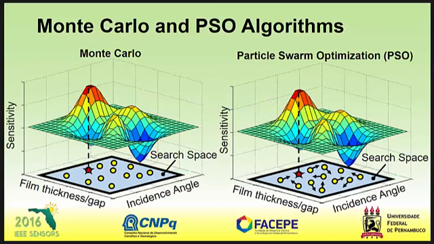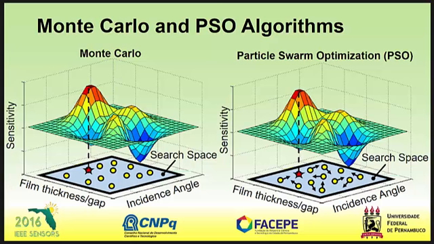So, in order to address those challenges, we have used two heuristic optimization algorithms. We selected the Monte Carlo and the particle swarm optimization methods for the design of SPR sensors. The first one, the Monte Carlo, generates a vast quantity of points randomly in the search space, and evaluates the objective function at each point.